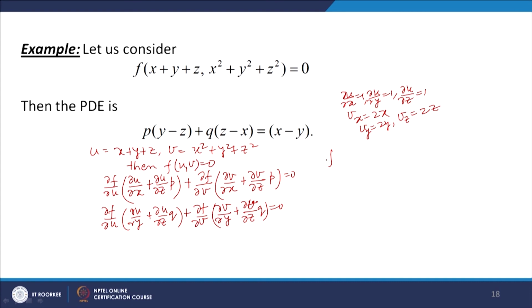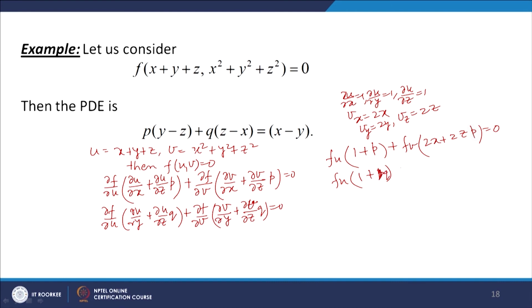So, when we put the values here, what we get? We have f u multiplied by u x is 1 plus u z is 1, so we get 1 plus p, plus f v multiplied by v x is equal to 2 x plus v z is equal to 2 z into p equal to 0, and then f u times u y is equal to 1, u z equal to 1. So, 1 plus p, sorry, here we have q.